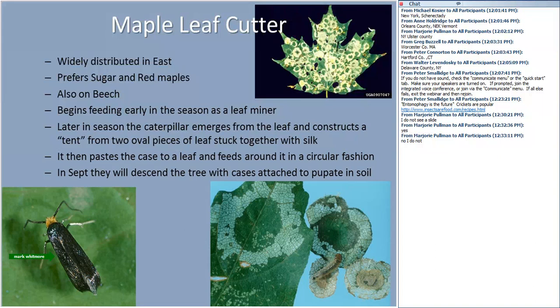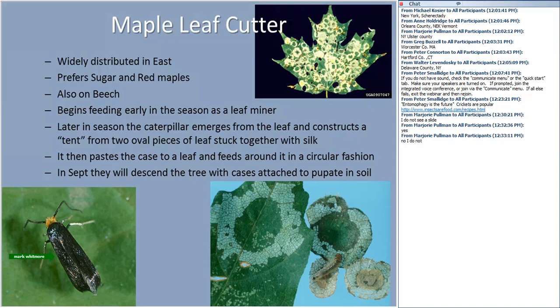So the eggs are laid. The egg hatches and it goes into the leaf, but it's a leaf miner. It feeds between the upper and lower epidermis, mining out the chlorophyll.